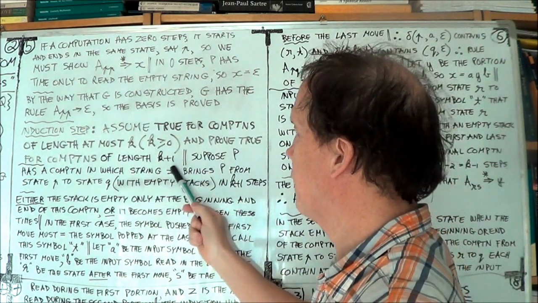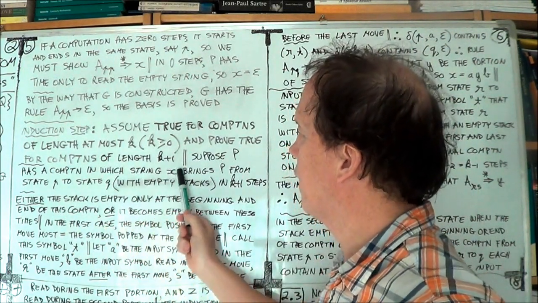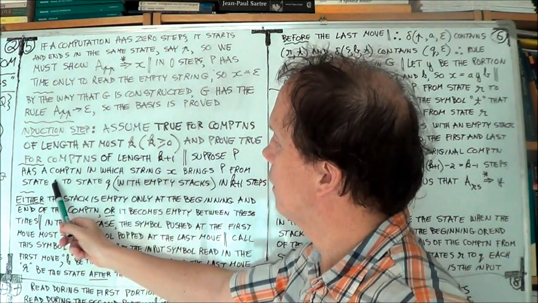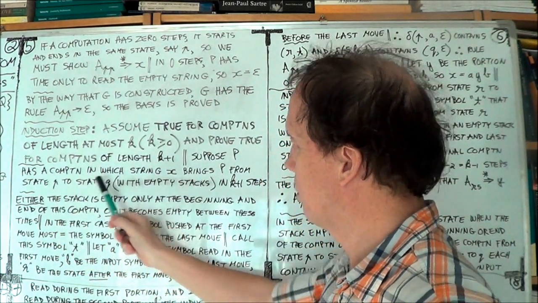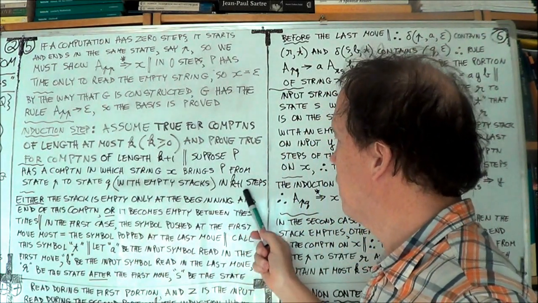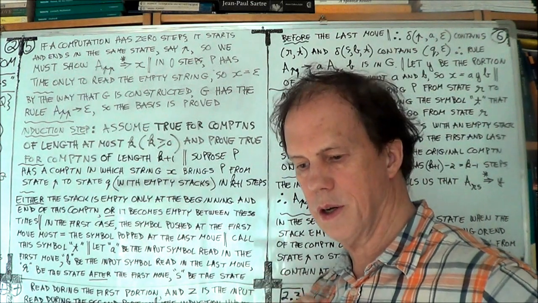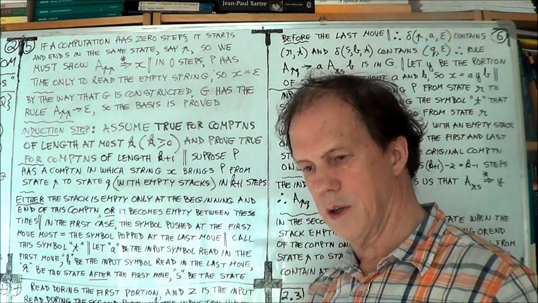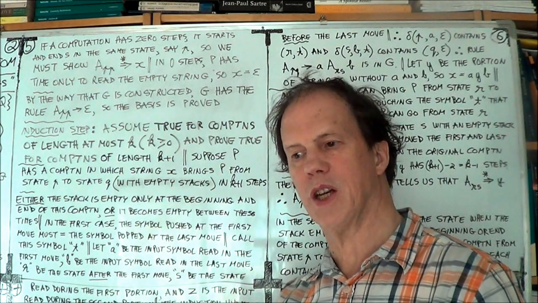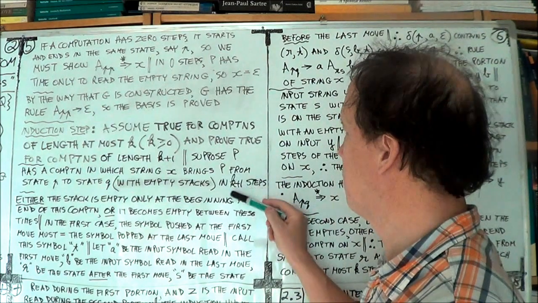We have a string x, and we read that x, and the PDA goes from state little p to state little q with empty stacks here and here, but it does that in k plus 1 steps. Our integer is now in terms of the number of steps in the computational process of the machine, and we'll assume there are k plus 1 steps.